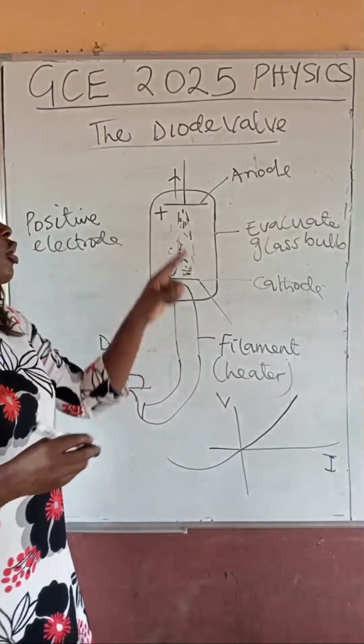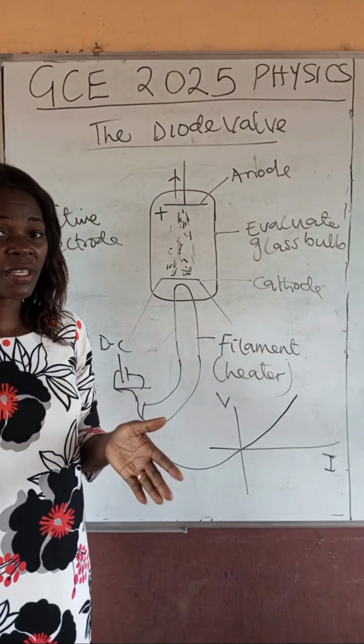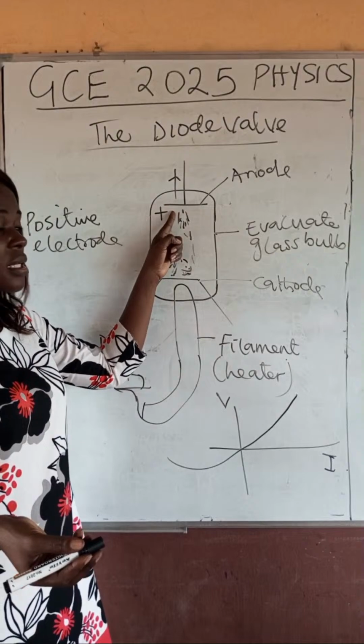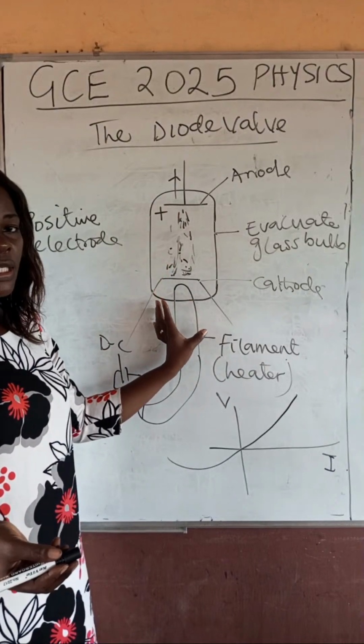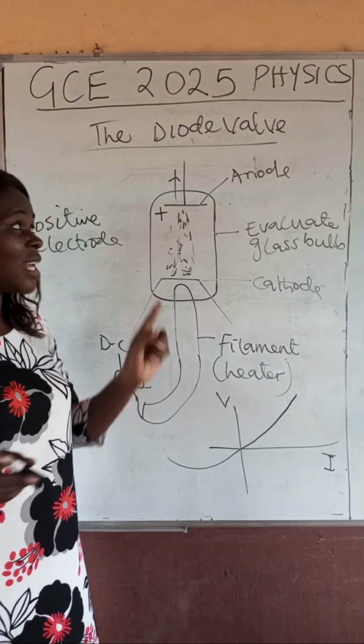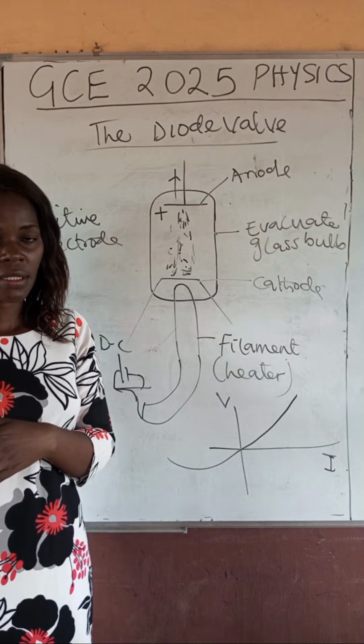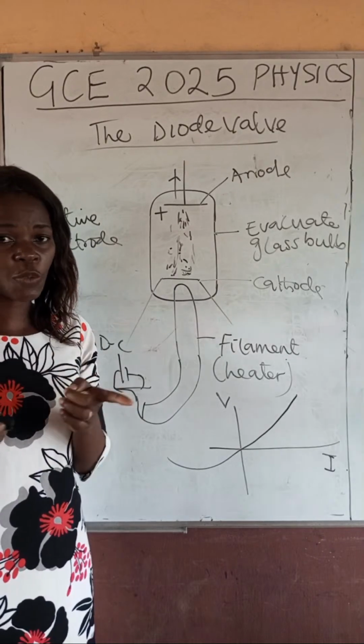But in a diode valve, current flows only in one what? Direction. And you already know why it flows in one direction, because the cathode is producing the heat. Is that clear now? So that is the principle that the CRO uses to operate. Is that clear? Hope you have gotten the picture.